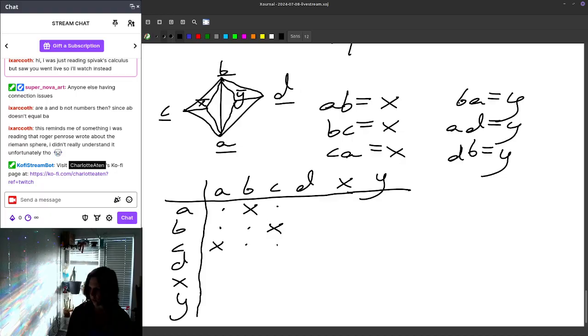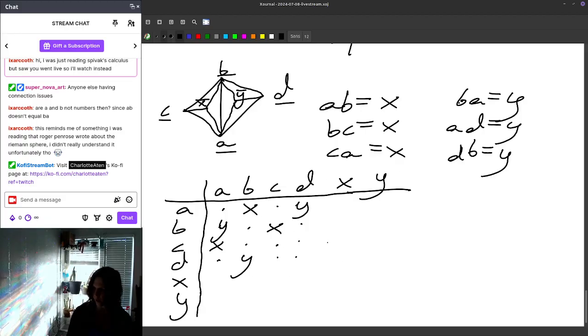And then B times A is Y, so that one gets filled in. And then A times D is Y, and D times B is Y, so those are the ones I have filled in. And all the rest of this is blank.